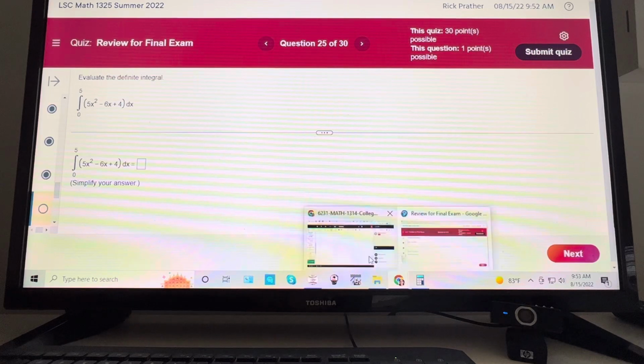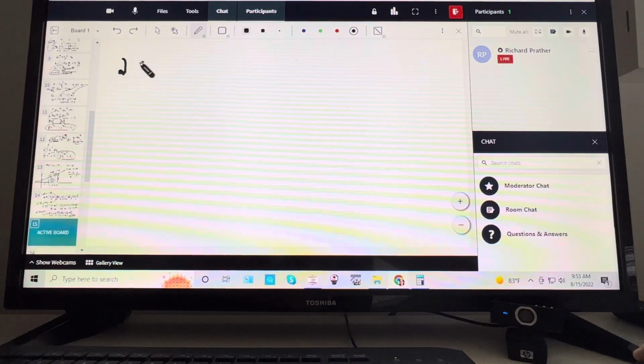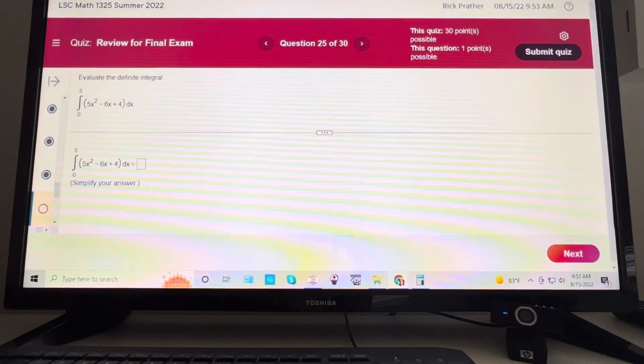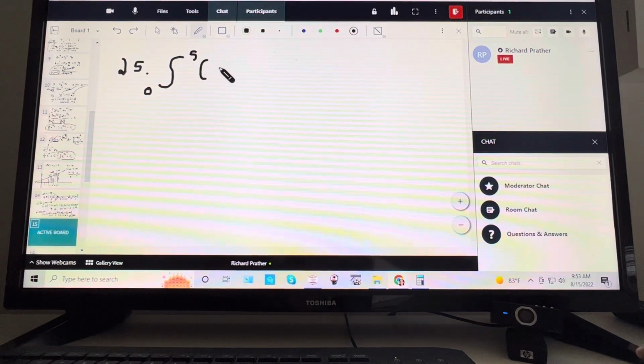So 25 is the definite integral from 0 to 5 of 5x squared minus 6x plus 4. So we do a definite integral.